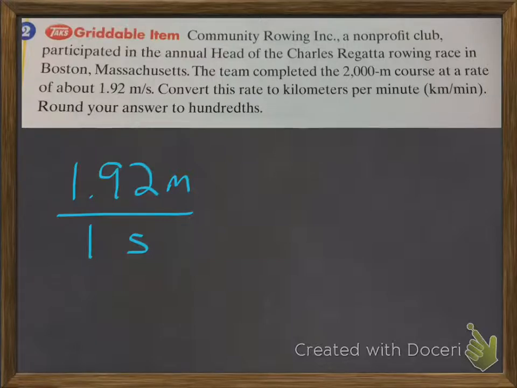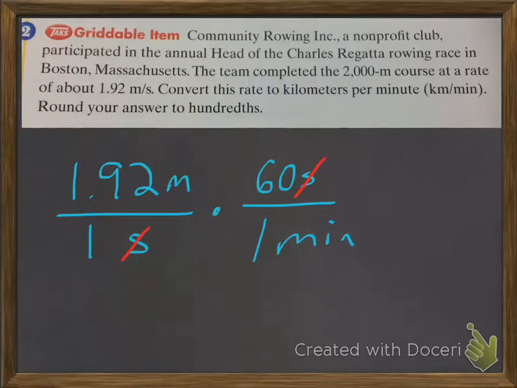I'm going to change the seconds into minutes. So I know that there is 60 seconds in a minute. Put them in. That way it doesn't get mixed up with meters. So my seconds cross out.